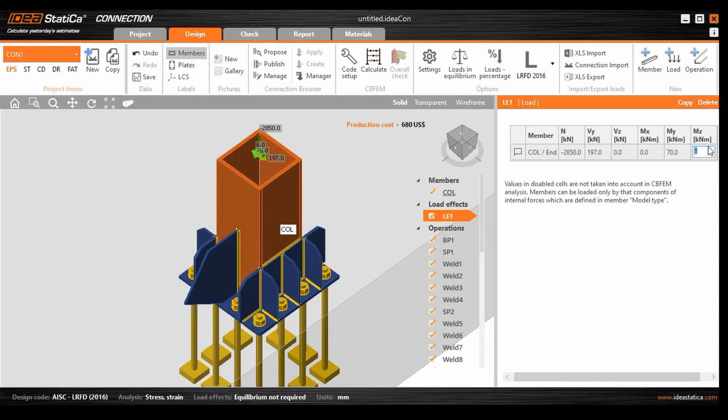It is about 510 kilonewton meter, 510, and I change it to minus 510 because it is more detrimental to the connection due to creating tensile force in anchors near the edge of the concrete foundation, which creates a more chaotic situation and it will lead to achieving more conservative design.